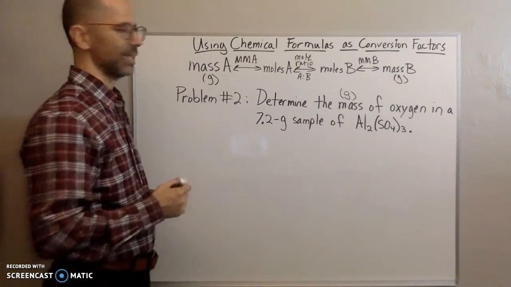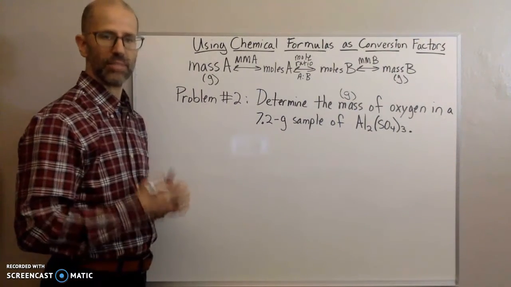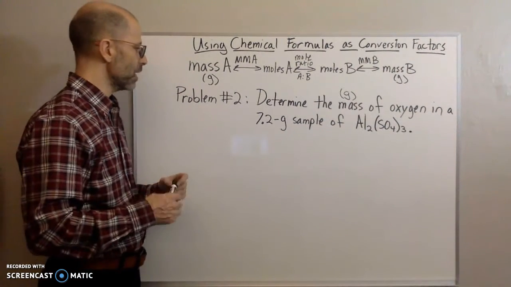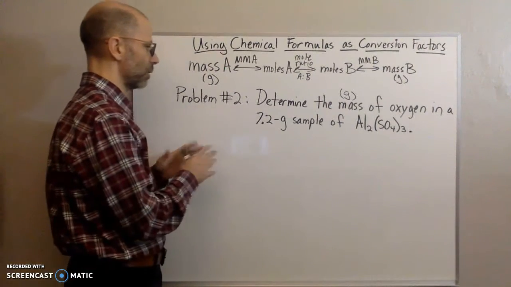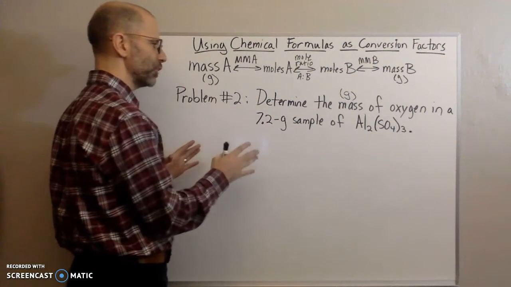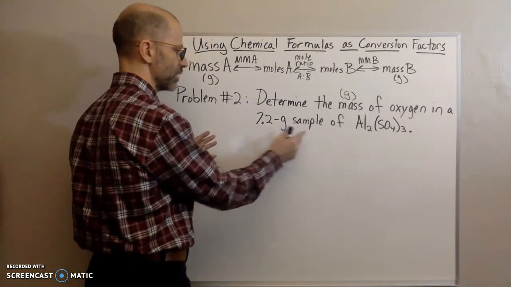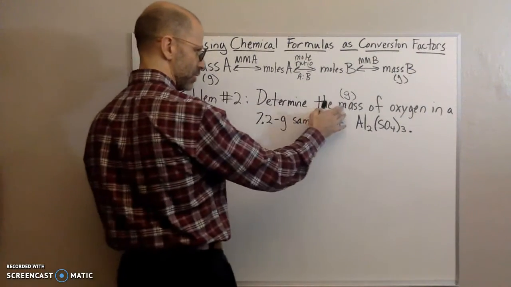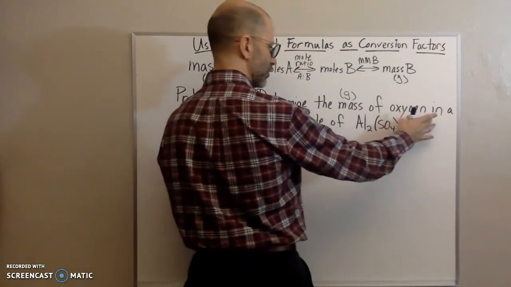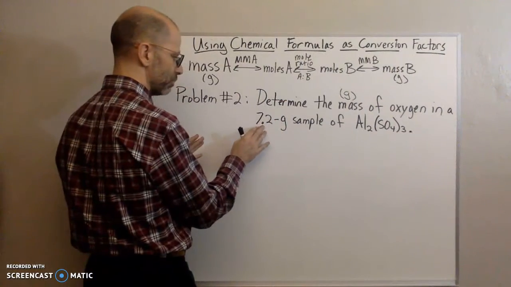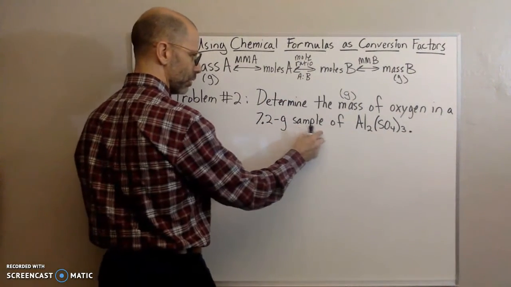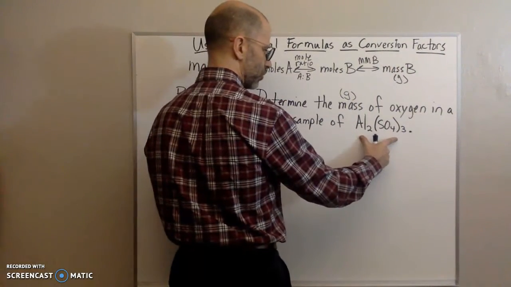So this is slightly simpler than the last one. So how do we attack this problem? In this problem, it's pretty straightforward. They're giving us a 7.2 gram sample. So they say determine the mass in grams of oxygen in a 7.2 gram sample of this substance here.